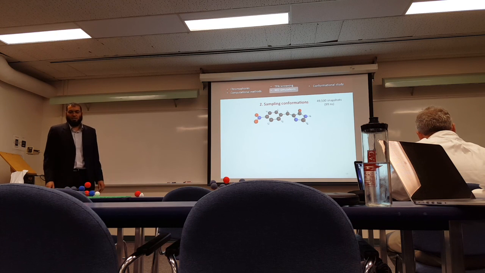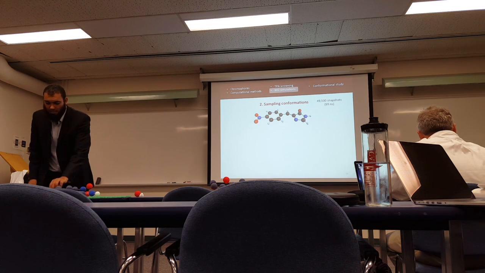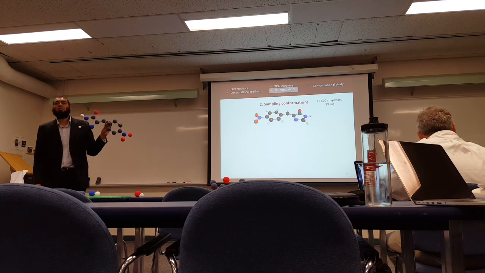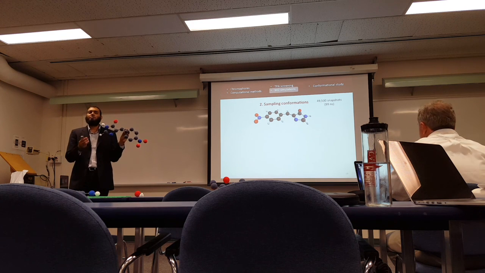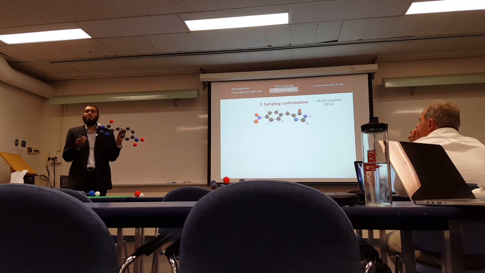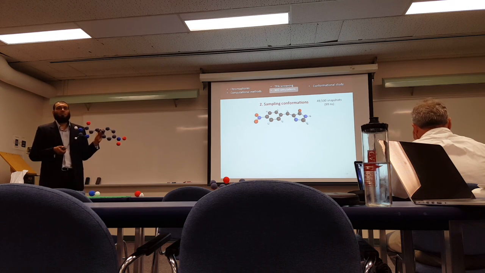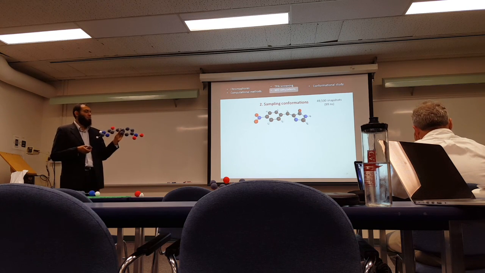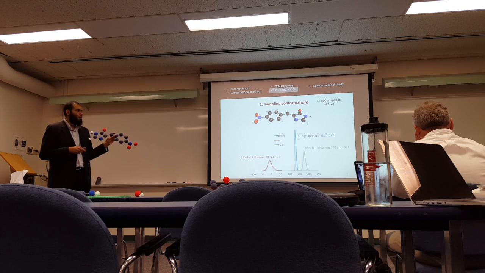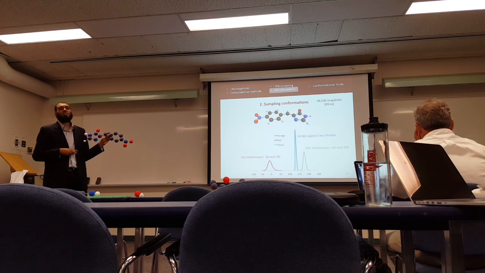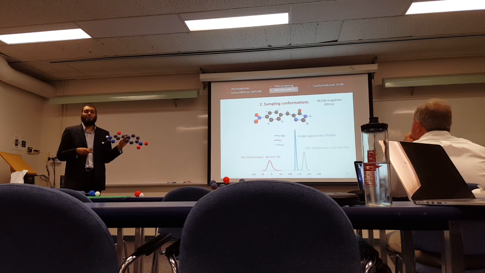Second point was thinking about what happens to this chromophore when it's inside the protein pocket. So how does it change its conformation? We looked at three angles over around 50,000 snapshots over the 99 nanosecond trajectories.